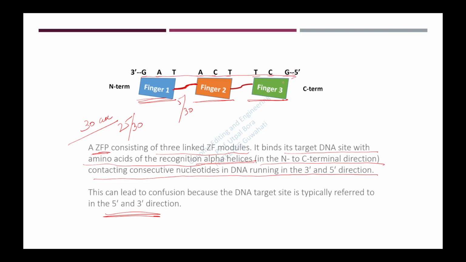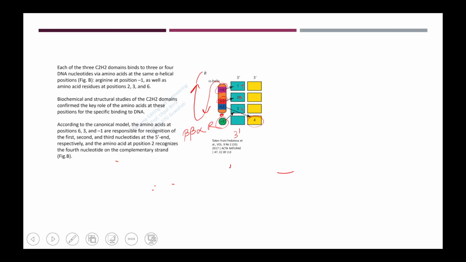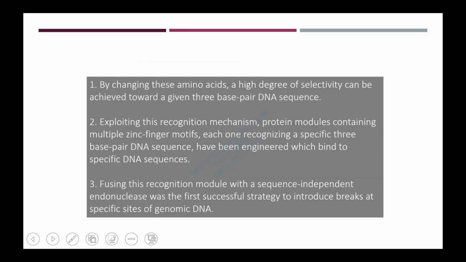You can design several zinc finger proteins, modulating the amino acids which help in recognition, and design your zinc finger protein according to the DNA bases you want to interact with, and link several such zinc fingers and make your recognition from non-specific to specific. I hope you are able to understand what I'm trying to say here.